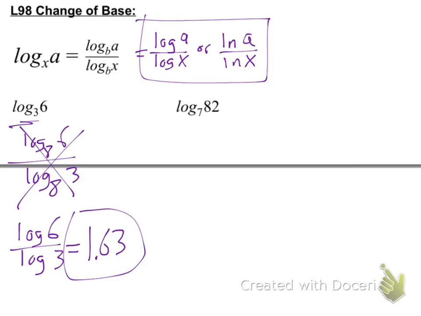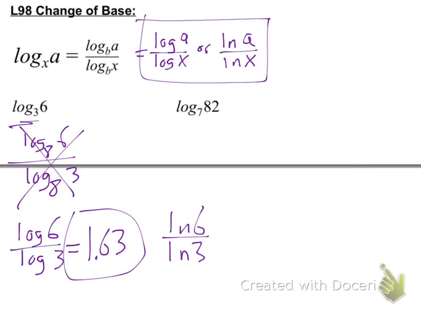We were able to take a log, which we didn't know a base for, change it to a base we like, and get an answer. Now, wait a minute. Didn't I say you guys could also do natural log? What if I change this to the natural log of 6 over the natural log of 3?